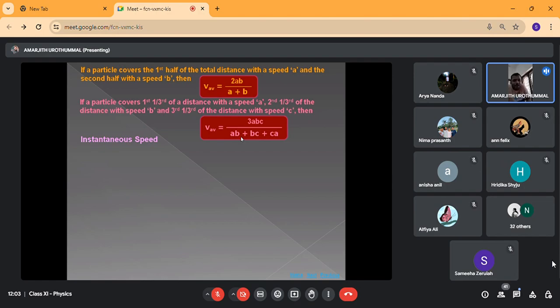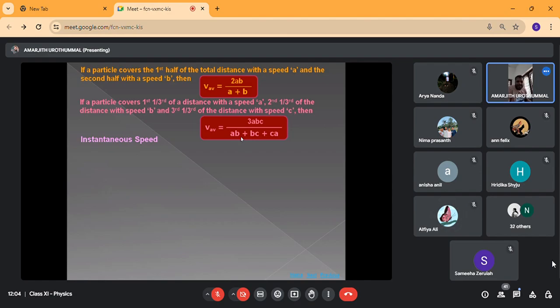Now my question is, what is the speed from Kasargod to Calicut? This is the third one pending. 100, 80, 90.